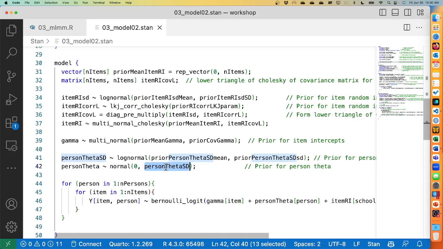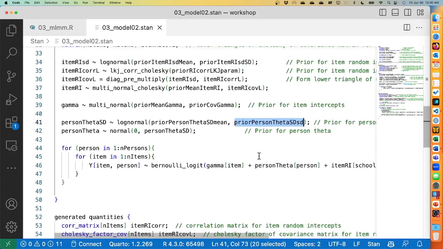And because we're estimating the person theta standard deviation here, we're using a log normal distribution as a prior, and now we need to input to Stan data the log normal theta standard deviation mean prior, and the prior hyperparameters for the standard deviation of the log normal. Questions? So it's not big differences in code here.